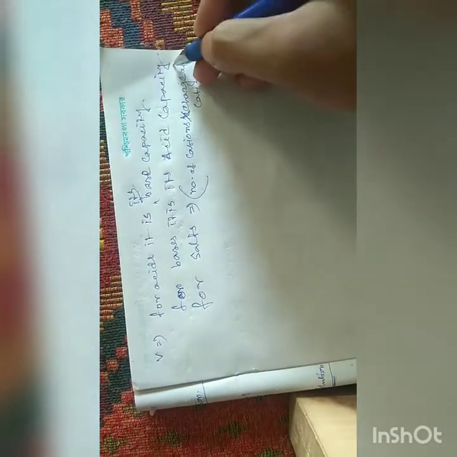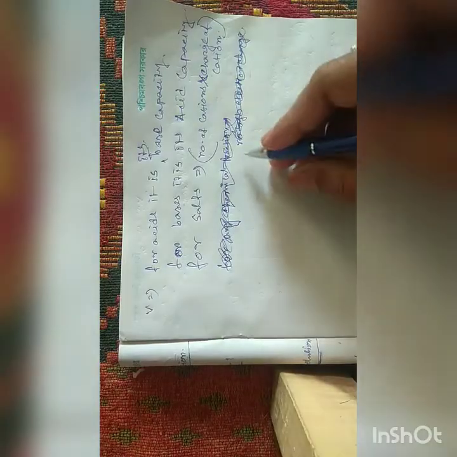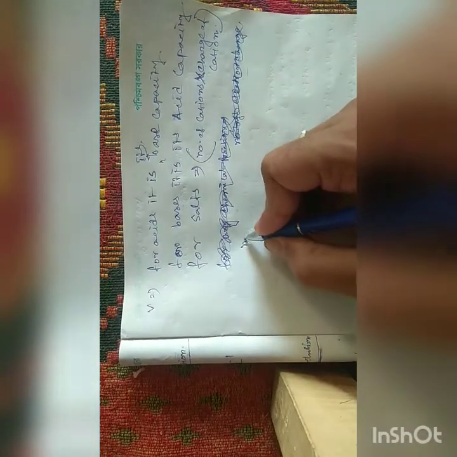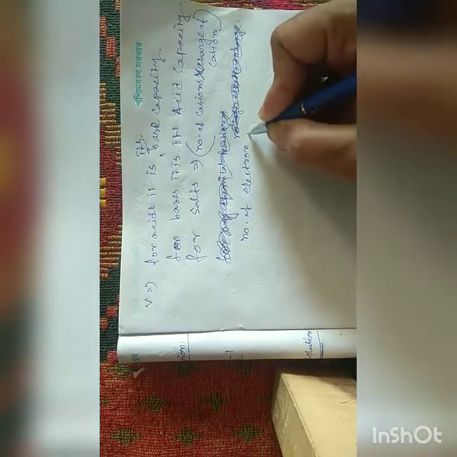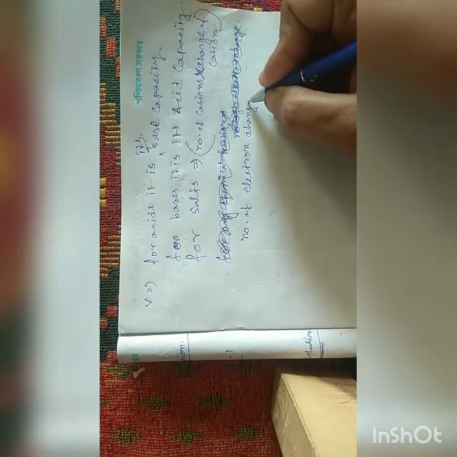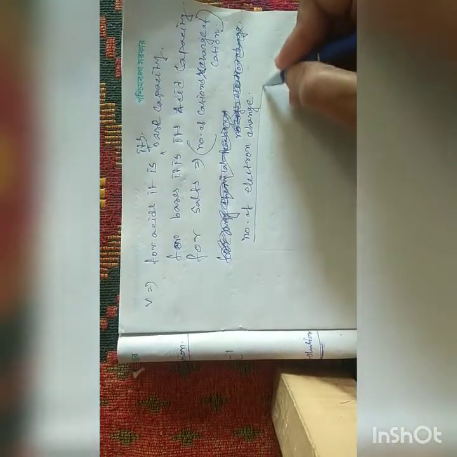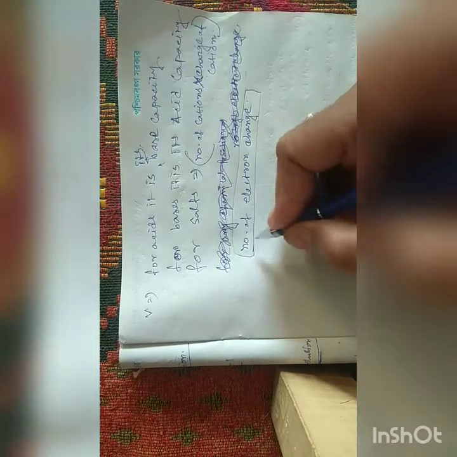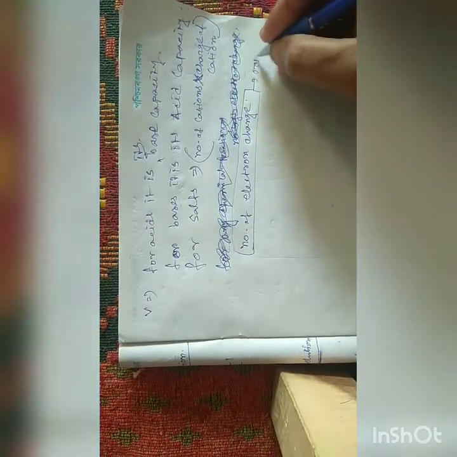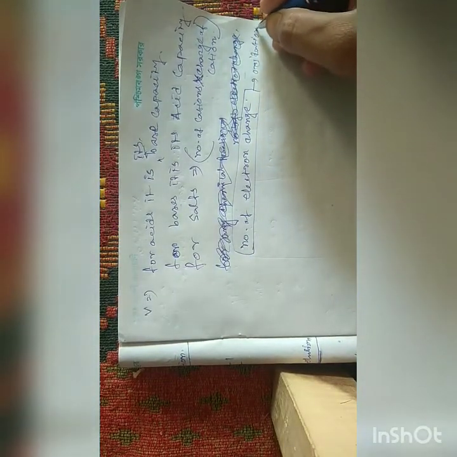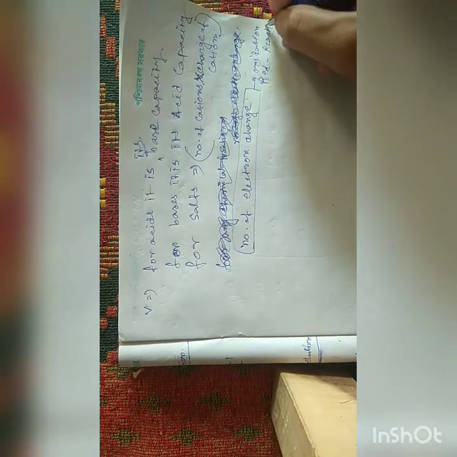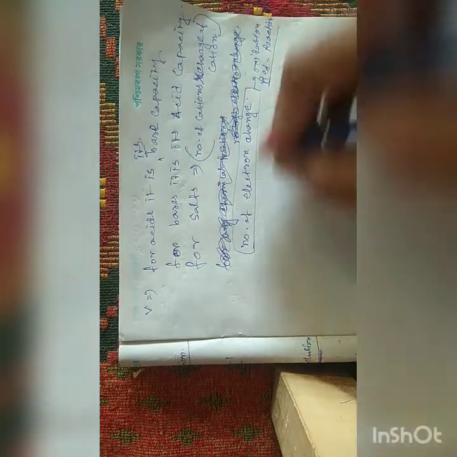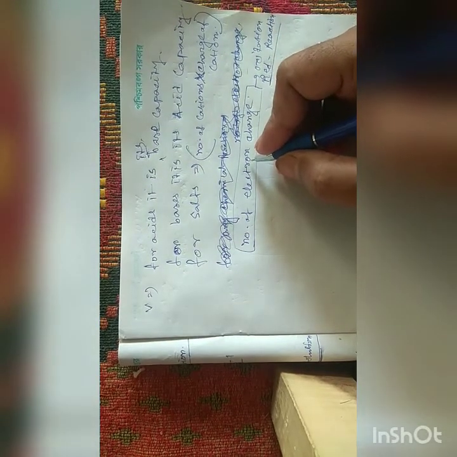For other chemical reactions, it is the number of electrons exchanged. That means for oxidation reduction reactions, the V value is the number of electrons changed.